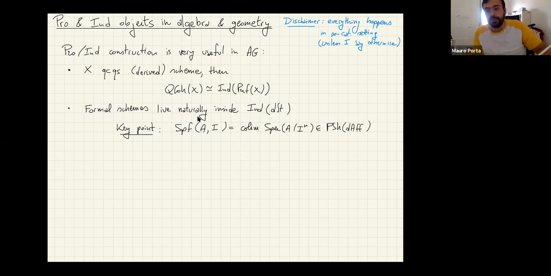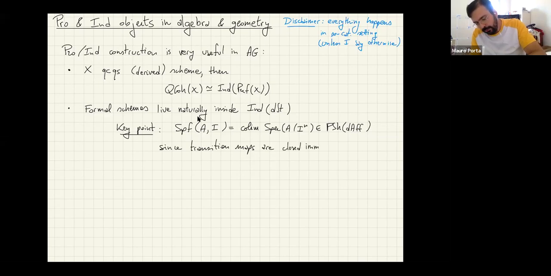And now the point is that since the transition maps are closed immersions, this actually is an Ind object.